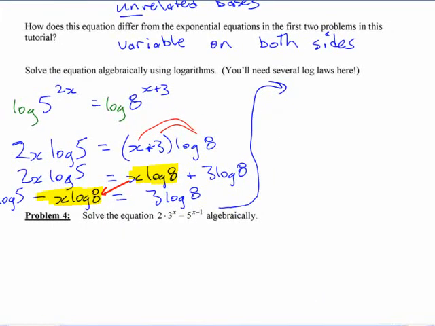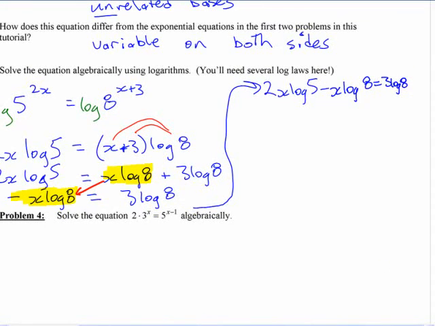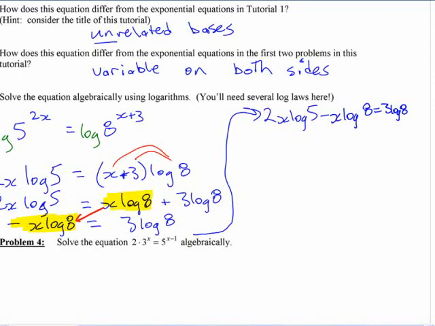This is where lots of people get stuck, because we don't know what we have to do here. I'm going to rewrite it. 2x log 5 minus x log 8 equals 3 log 8. You may already know what you might do here if this were a grade 9 equation, because I want you to parallel it to what you already know.